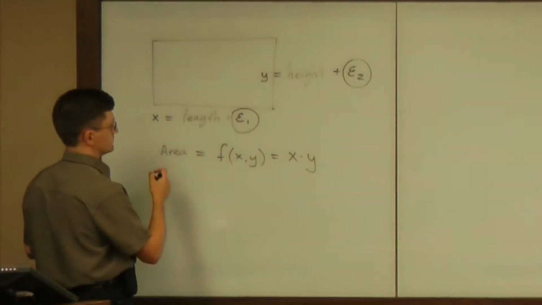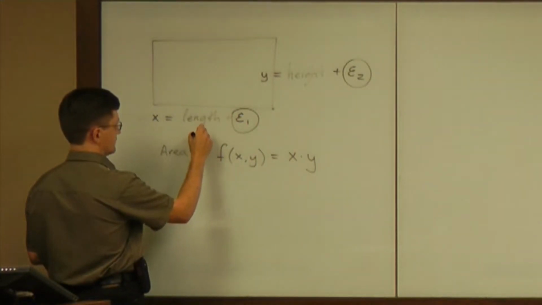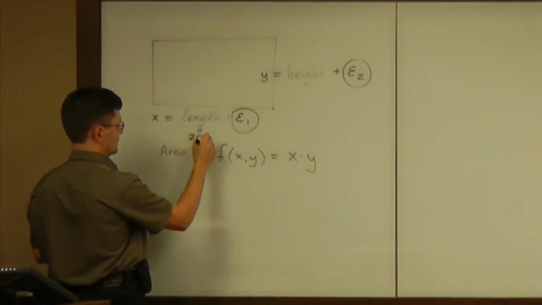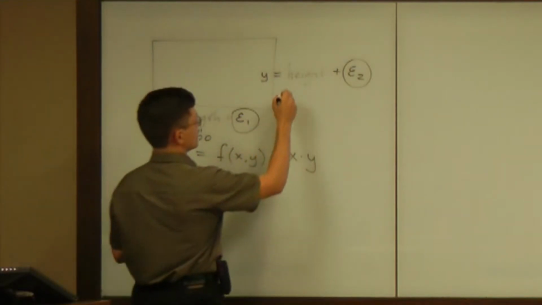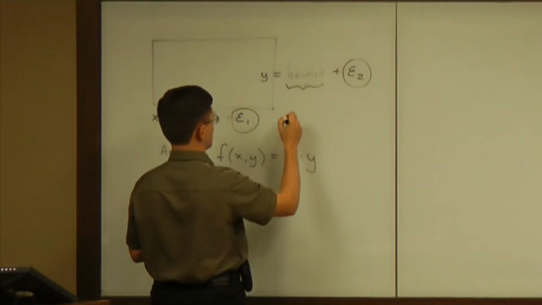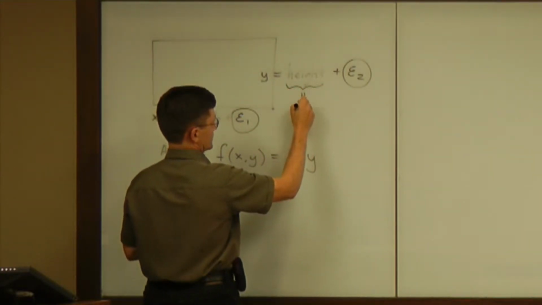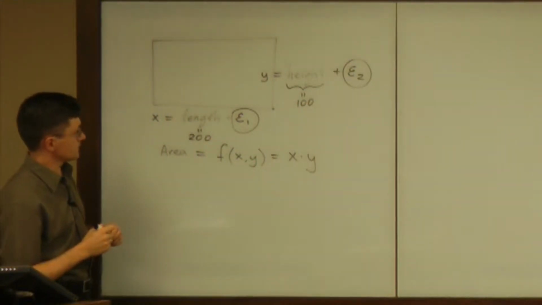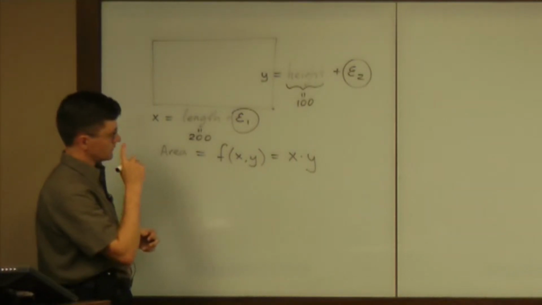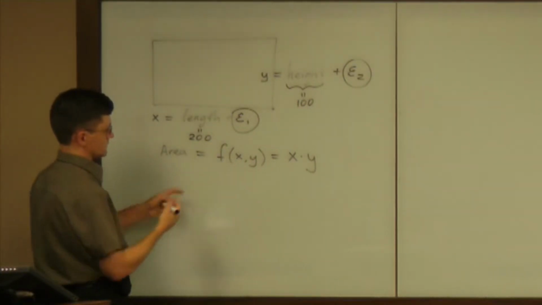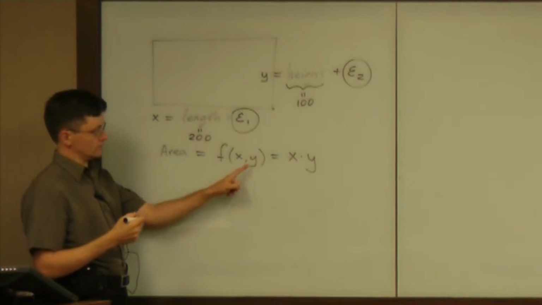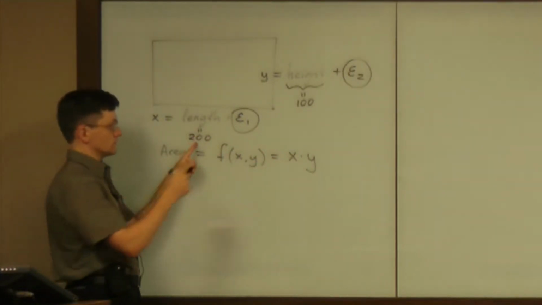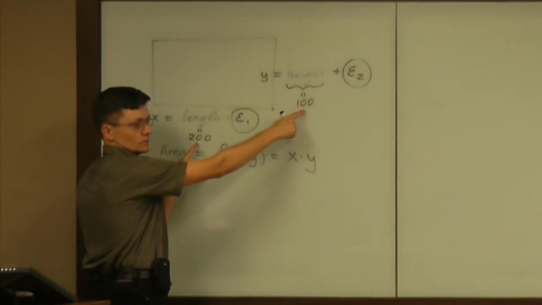So, let's say, just to be specific, this length is 200 units, and that height is equal to 100 units. And then what I'm interested in is the behavior of this function close to the value x equals 200, y equals 100.